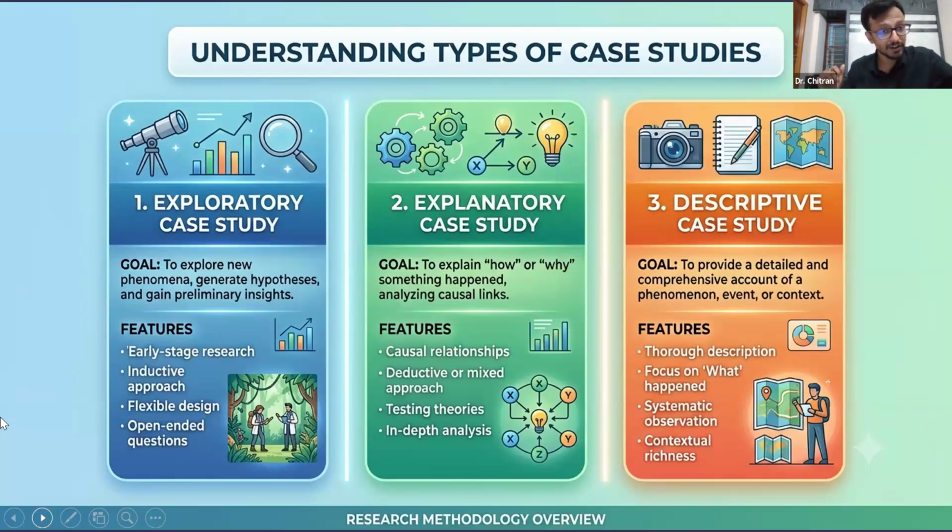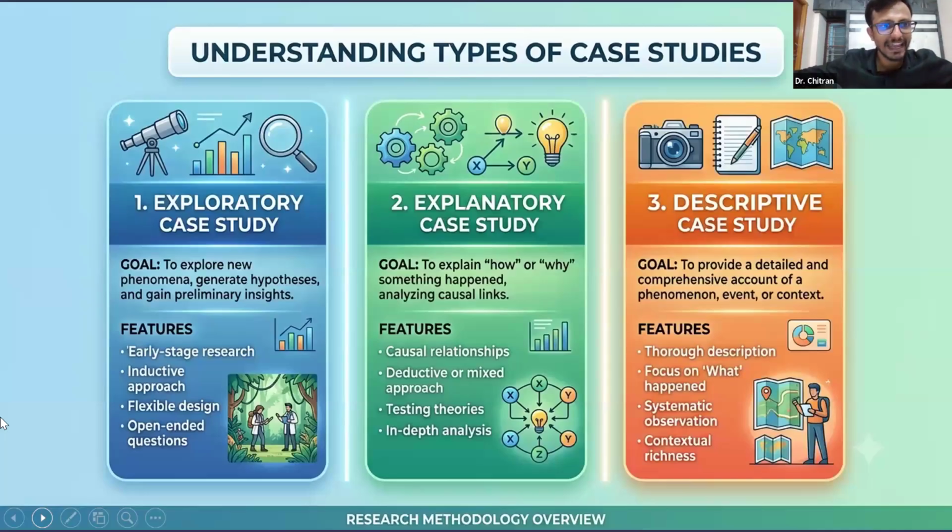So sometimes your work would be very new, that nobody has worked on that. There might be a theoretical framework, but you are the first person to work on a particular topic, or not very major works have happened in that area. So that is exploratory. You are exploring something new, right? In that sense, it's an inductive approach because you don't have any theory.